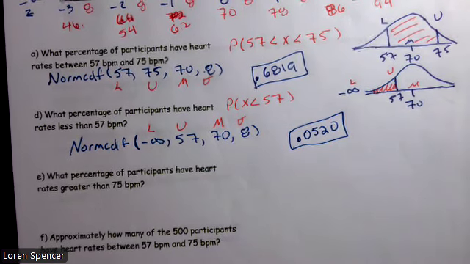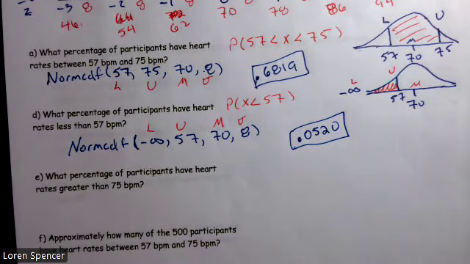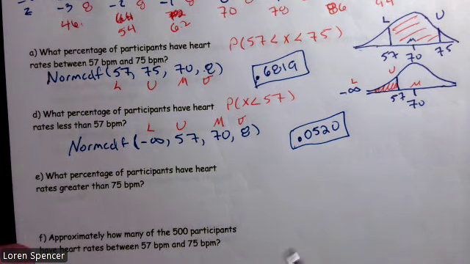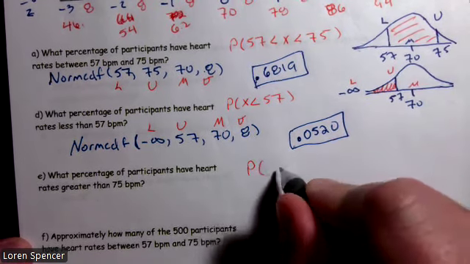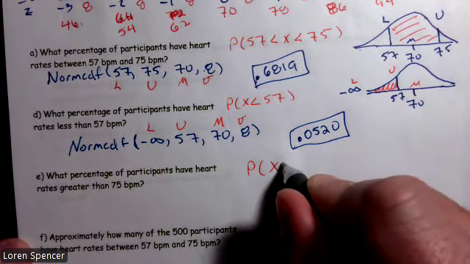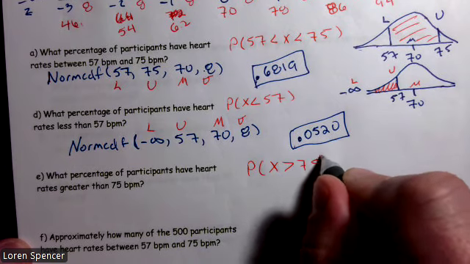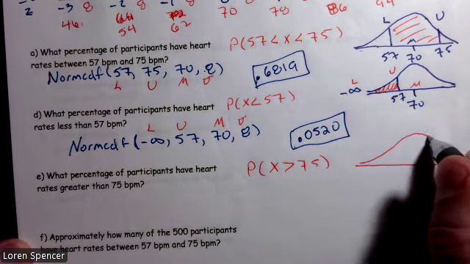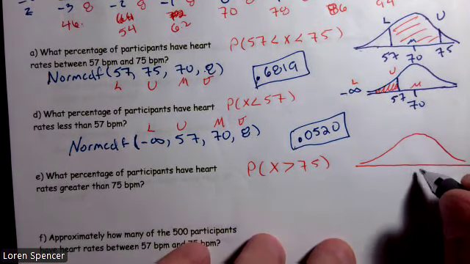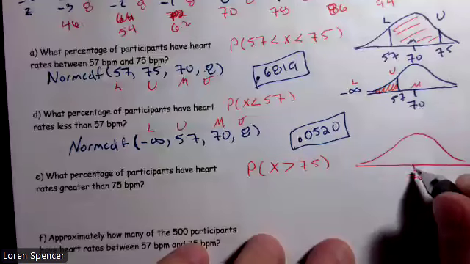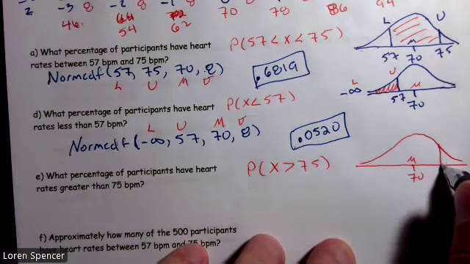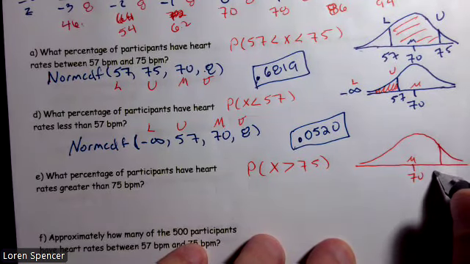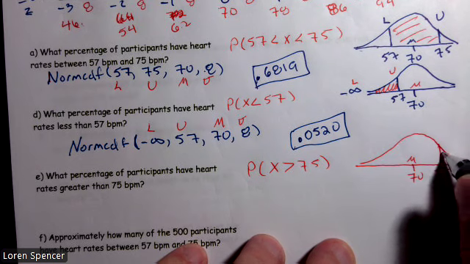All right, the next thing, what percentage of participants have heart rates greater than 75 beats per minute? So we're looking for the probability that X is greater than 75. Well, our mean is still at 70, but now we're looking for a value 75 or higher.